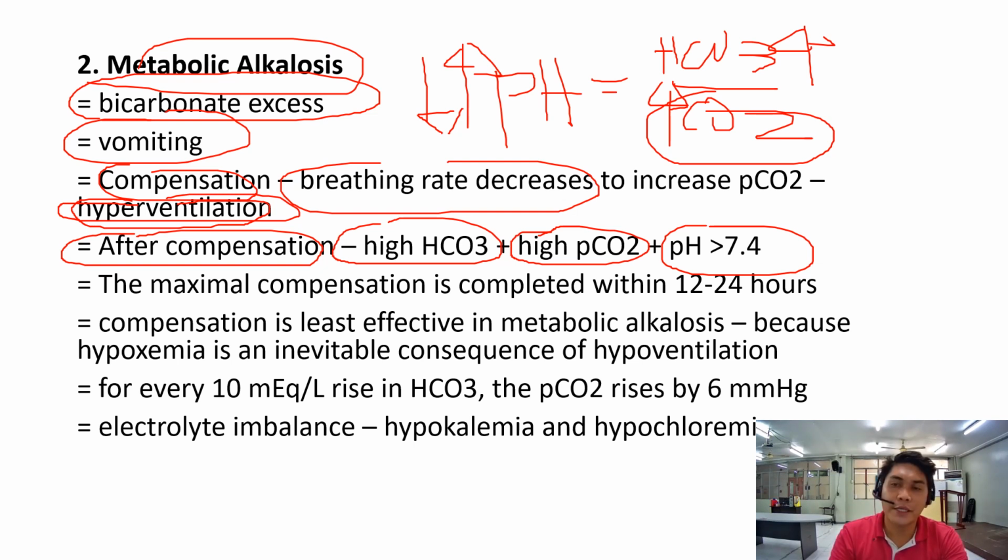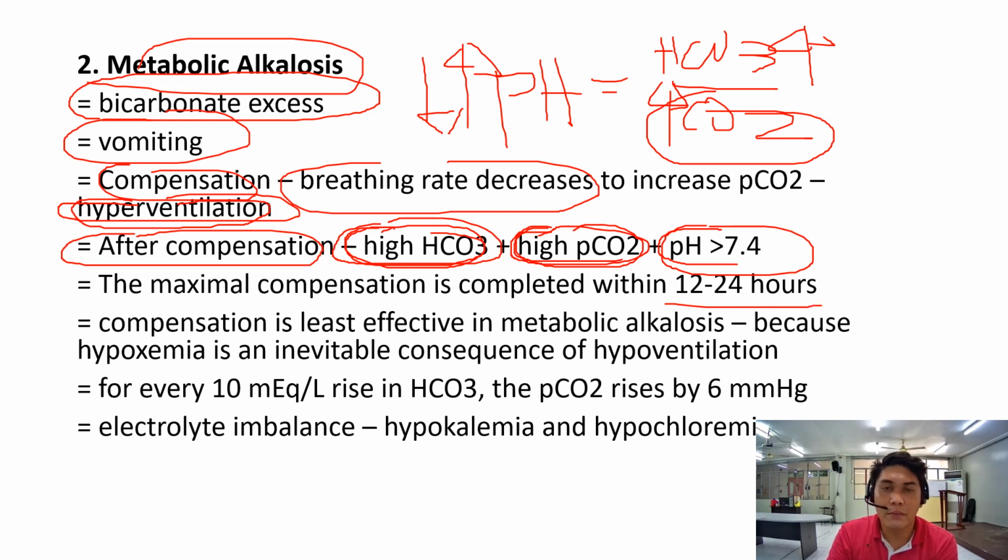For partially compensated metabolic alkalosis, you have high bicarbonate level, high PCO2, and the pH level is greater than 7.45. For uncompensated metabolic alkalosis, you have high bicarbonate level, normal PCO2, and a pH greater than 7.45. So the maximal compensation is completed within 12 to 24 hours.